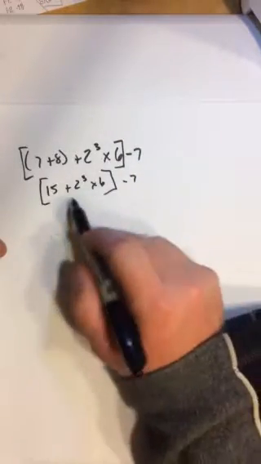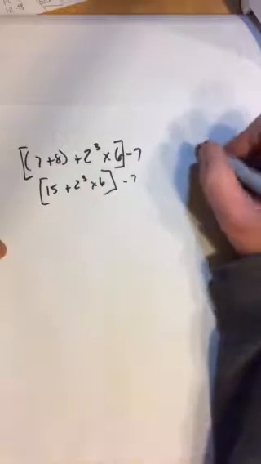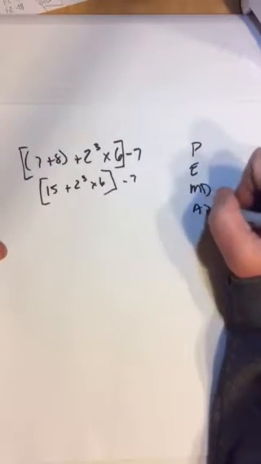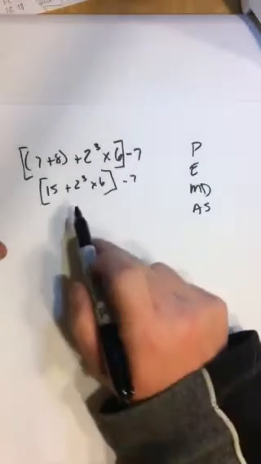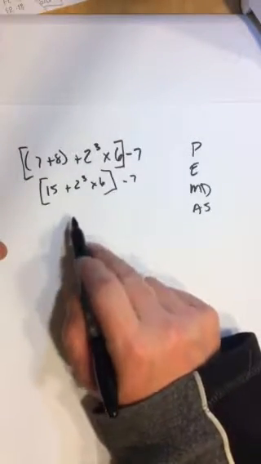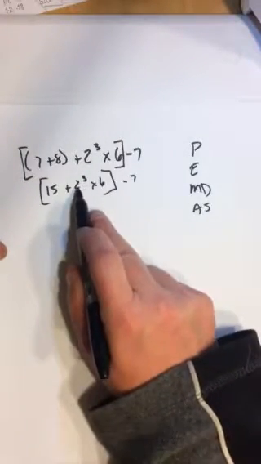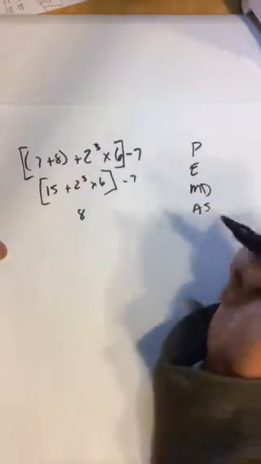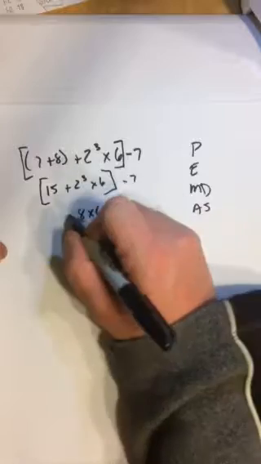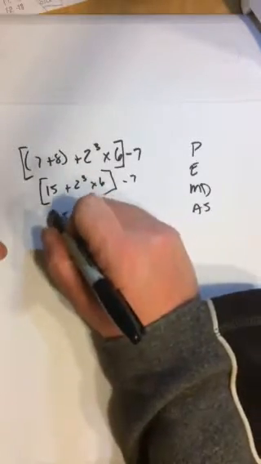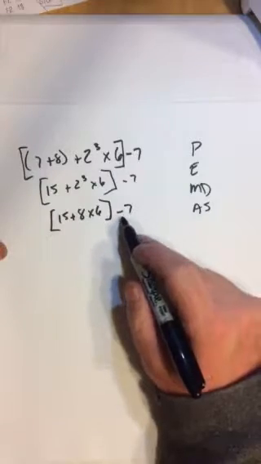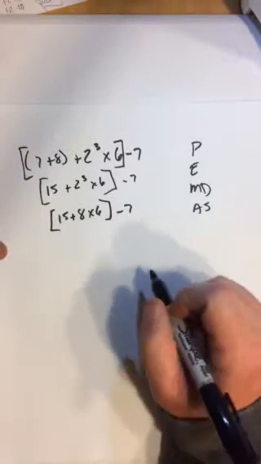In here, let's put our little PEMDAS chart on so we don't make any silly mistakes. I have an exponent, so we're going to take care of that next. As we talked about before, 2 to the third power is 8, or 2 times 2 times 2. We have times 6, we have plus 15, and all of it's still inside the braces, and I have the subtract 7 on the outside.